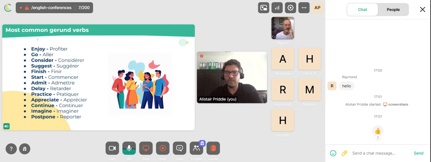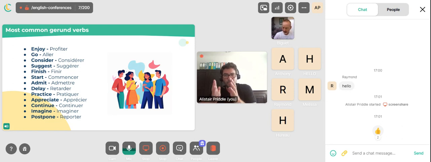Here we go with the most common gerund verbs. We've got enjoy, go, consider, suggest, finish, start, admit, delay, practice, appreciate, continue, imagine, postpone. These are common gerund verbs.